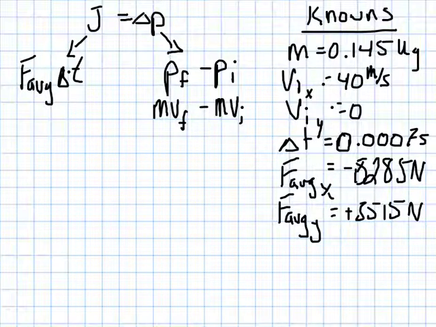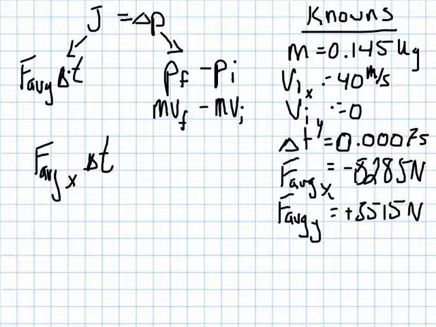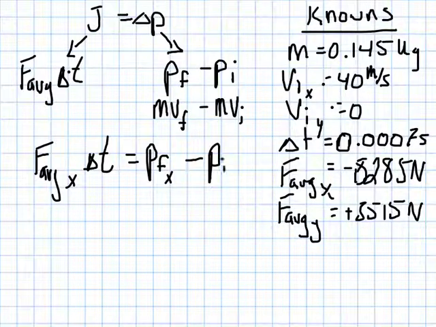Now, impulse and momentum are both vector quantities, and so we can actually break this up into a set of two equations. So the average force acting in the x direction times time is going to be equal to the final momentum in the x direction minus the initial momentum in the x direction.